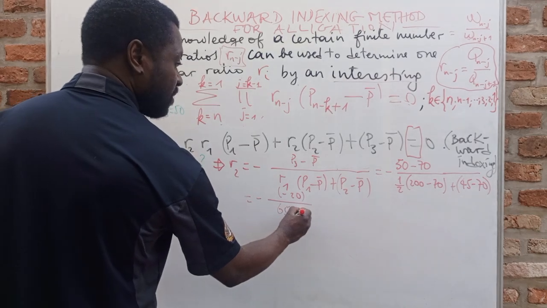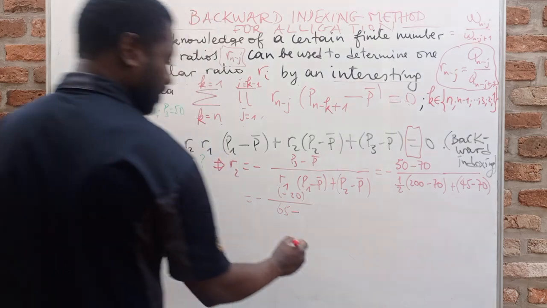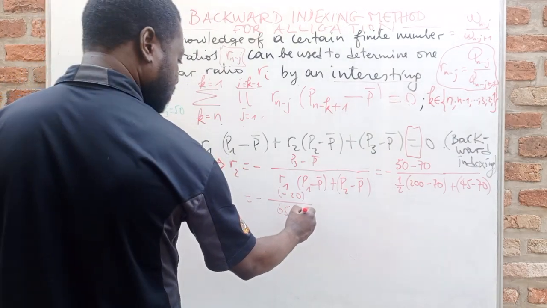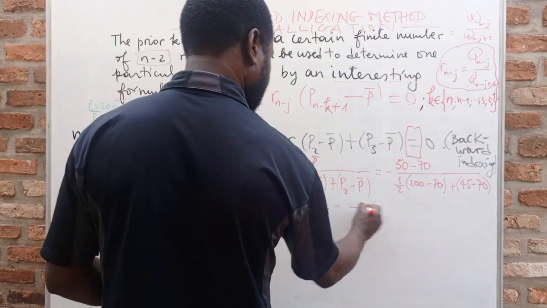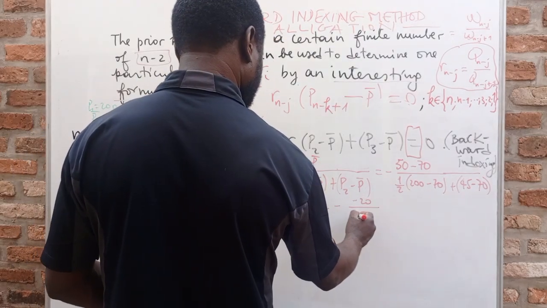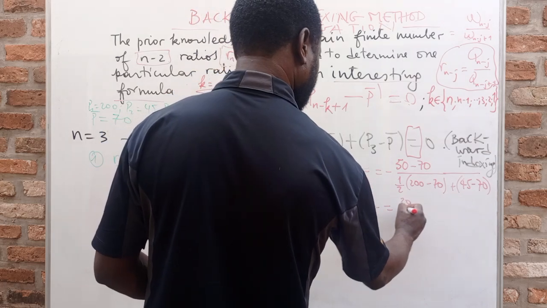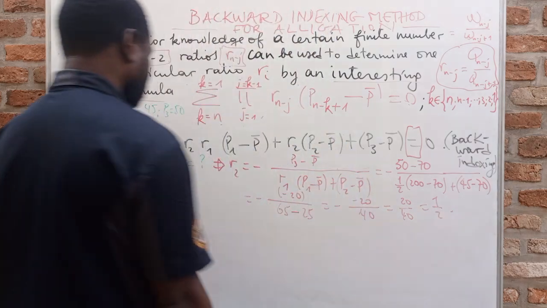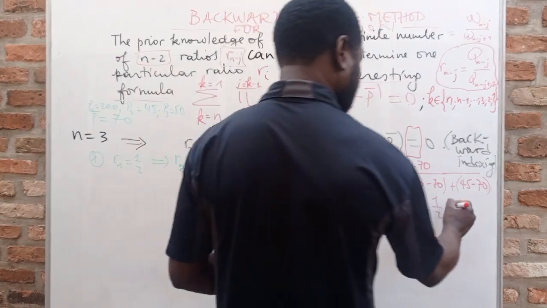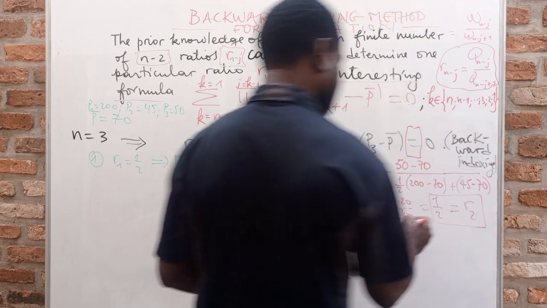I have to subtract because here it is negative 25. So this will be negative 20 over negative 40, which is positive 20 over 40. Simplified, it is half. So this is R2, knowing R1.